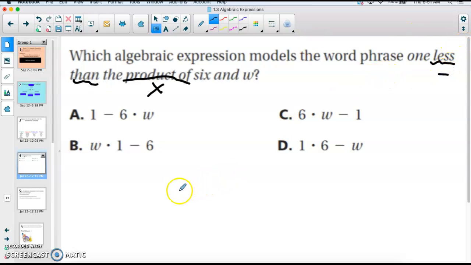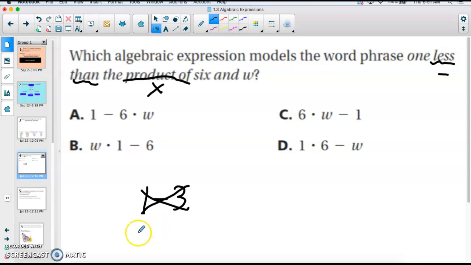Now, 1 less than the product. So let's just think of it, in terms of this problem, 1 less than 3. Well, what number is 1 less than 3? That would be 2, right? The common mistake is that people go 1 less than 3, but that's not right.